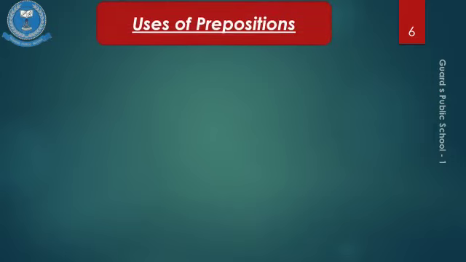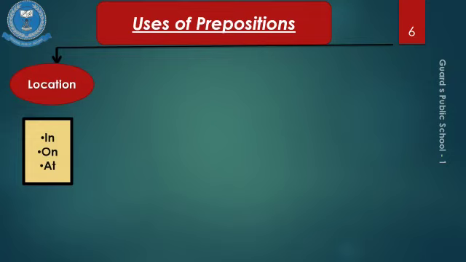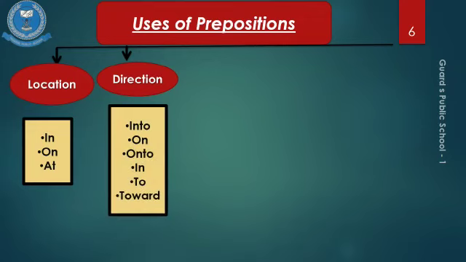Now we will discuss the uses of prepositions. Basically, prepositions are of 5 types. The first is the preposition of location, which includes in, on, at. Next is the preposition of direction, which includes into, on, onto, in, to, toward.